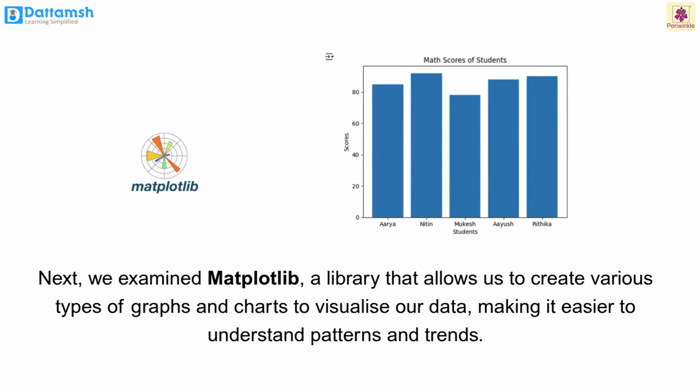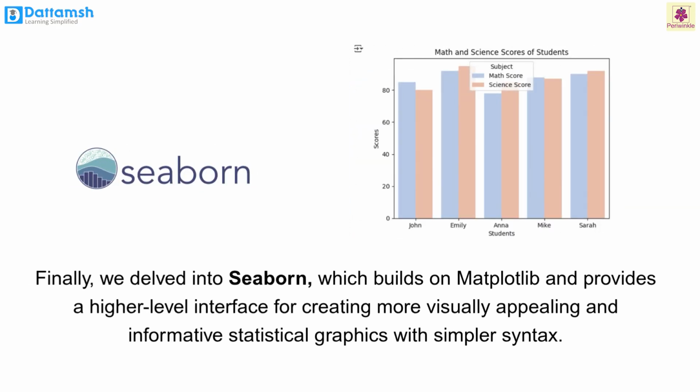Next, we examined Matplotlib, a library that allows you to create various types of graphs and charts to visualize our data, making it easier to understand patterns and trends. Finally, we delved into Seaborn, which builds on Matplotlib and provides a higher level interface for creating more visually appealing and informative statistical graphs with simpler syntax.